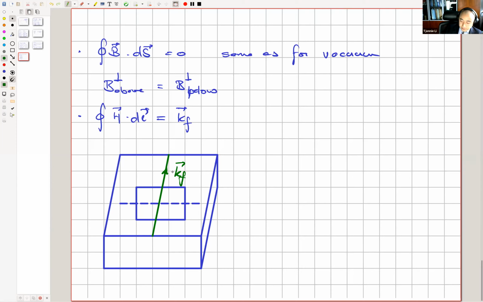If I let the height be epsilon and let epsilon go to 0, I only get this length and that length out.